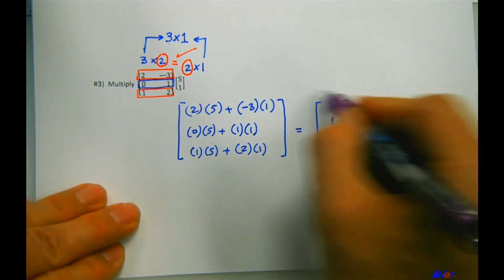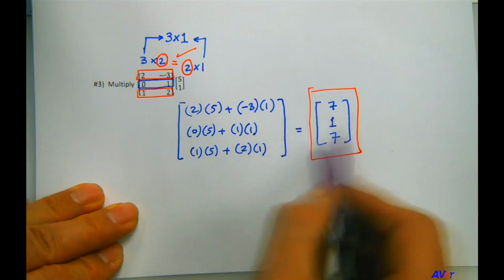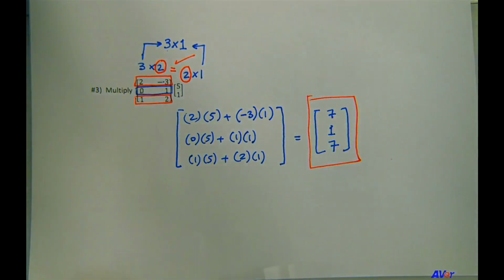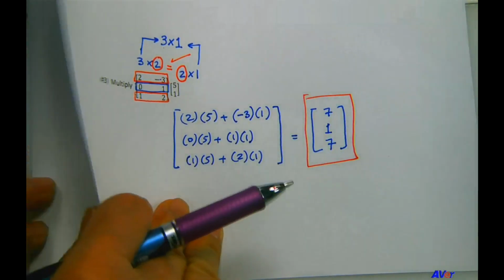So this is our 3 by 1 matrix, 3 rows and 1 column that we anticipated. I hope this is making sense. And if you read the book before you watch the video, for sure it'll make sense.